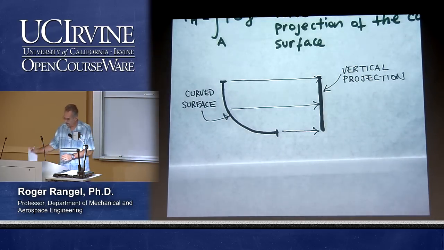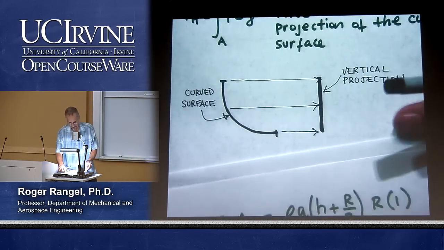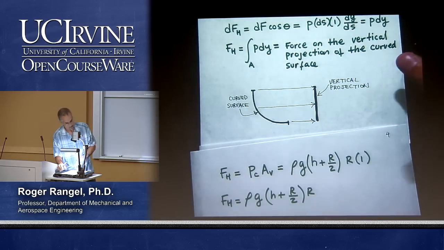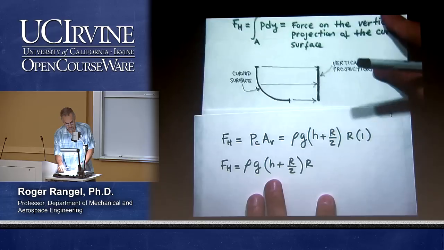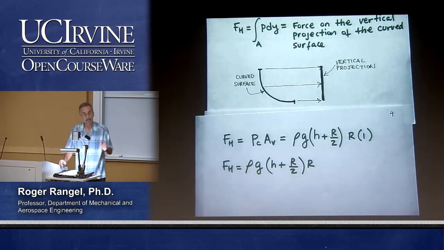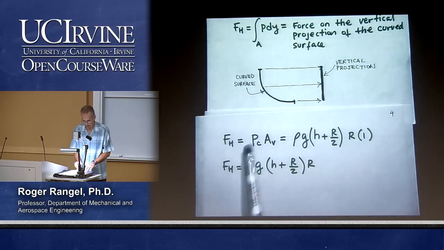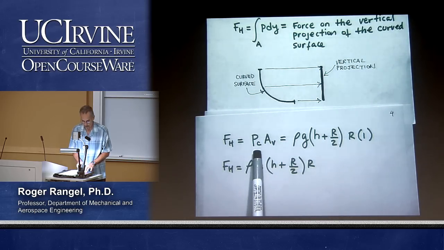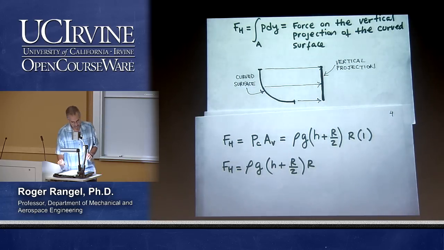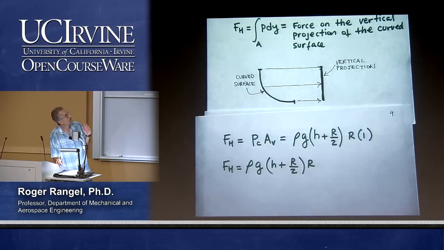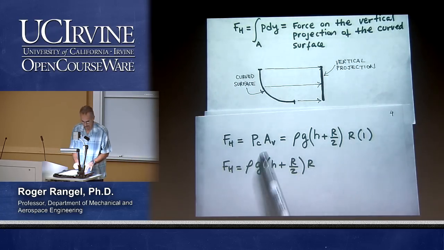And if we plug in the values, then of course we know that to find the force on a flat surface, in this case it happens to be a vertical surface, all we need is the pressure at the centroid of that surface times the area of that surface. And I call it A sub v to remind ourselves that this is the vertical projection of that area.